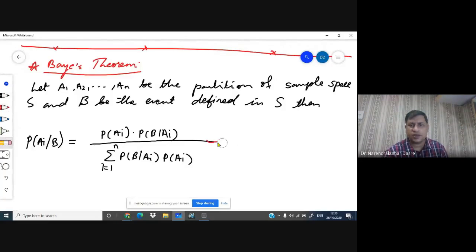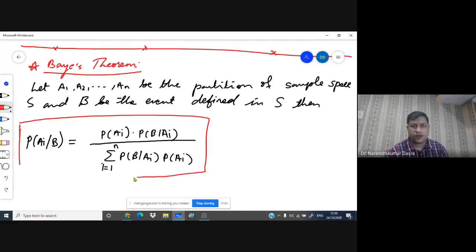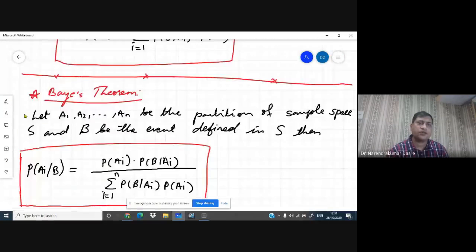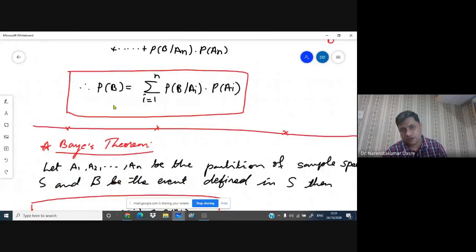Okay, so here we need to be careful. What is the Bayes theorem and what is the total probability theorem? So in Bayes theorem we calculate the probability of A on B, and in total probability theorem we calculate the probability of B. Okay, so that means we calculate the probability of the event over the partition.